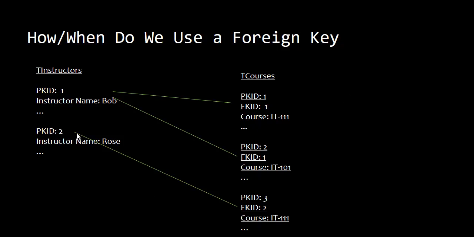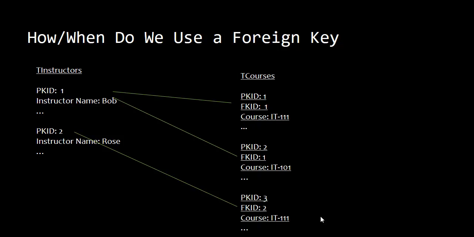In this case, Rose has taught, she has her foreign key right here too, which points back to the primary key of Rose, and she's taught IT 111. Now, of course, there could be hundreds and hundreds of rows in the courses table, all pointing back to a set of instructors. Okay, I've been teaching for a long time.